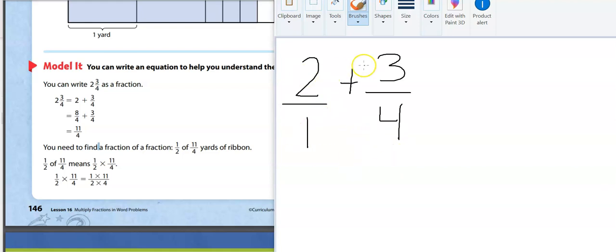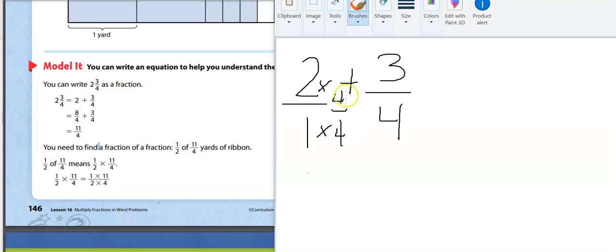Now, in order for me to make my fractions equivalent, I need to multiply 2 over 1 by a like fraction to make my denominator the same. So I know I can multiply 2 over 1 by my like fraction 4 over 4 to make my fraction equivalent to 3/4.